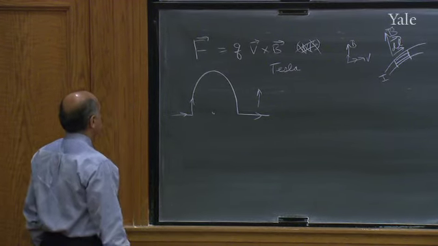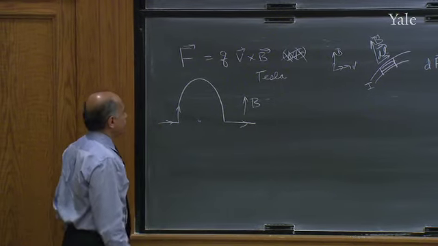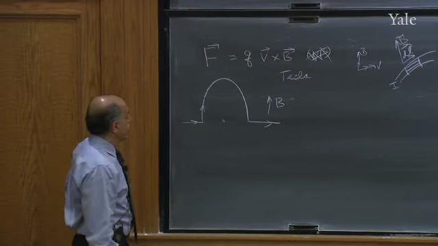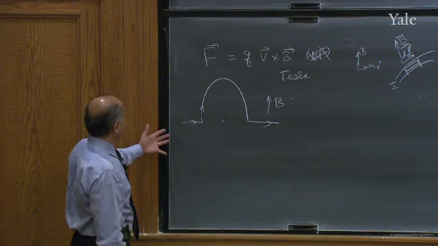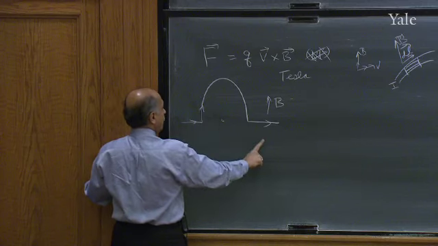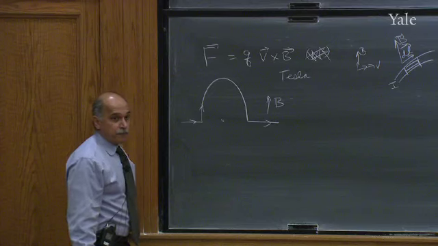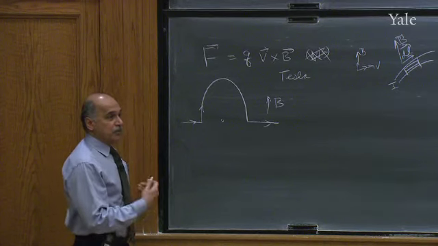Which way is it going to act? So B is like this. First of all, you can tell the force is going to be in or out of the blackboard, because if the velocity of the current is in the plane of the blackboard, and B is in the plane, the cross product will be perpendicular. You just have to figure out, is it coming out or going in?